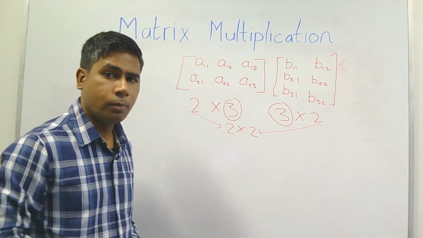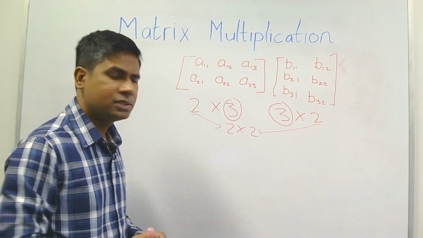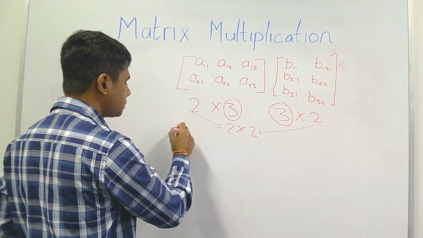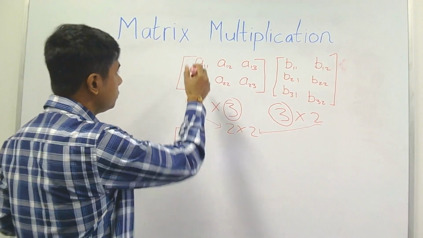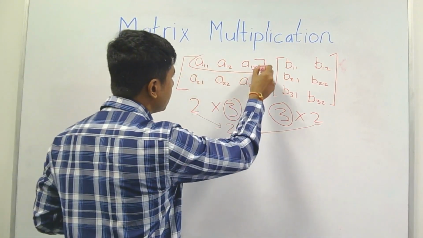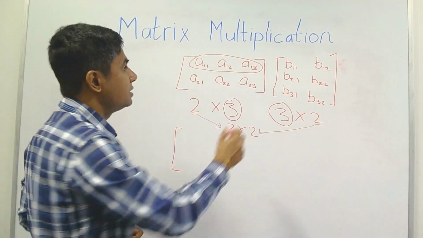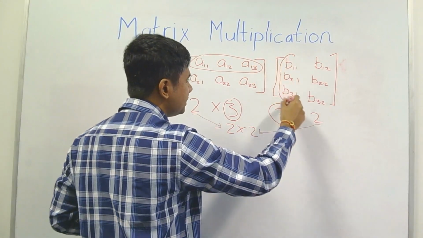How do we actually go about doing the computation? Well, we have to take the first row of the first matrix and multiply it by the first column of the second matrix.